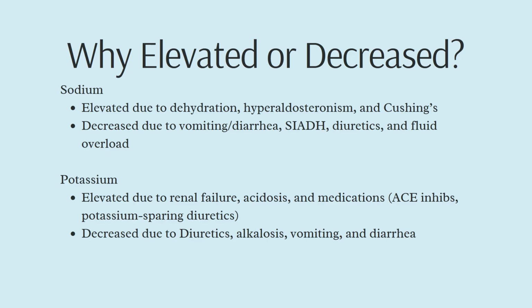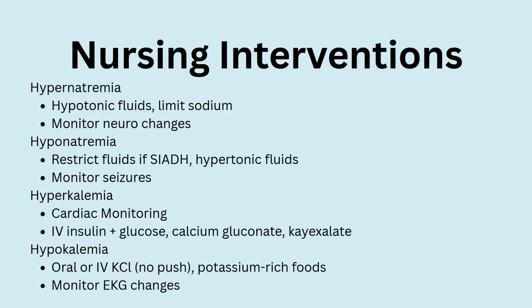Potassium is usually elevated due to renal failure, acidosis, and medications such as ACE inhibitors and potassium-sparing diuretics. Potassium is usually decreased due to diuretics, alkalosis, vomiting, and diarrhea.